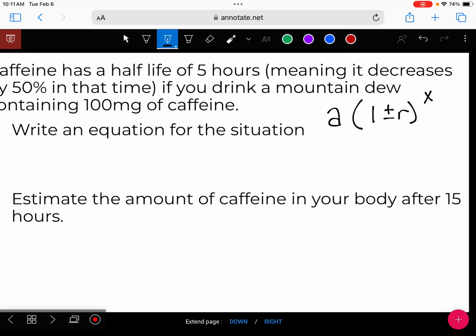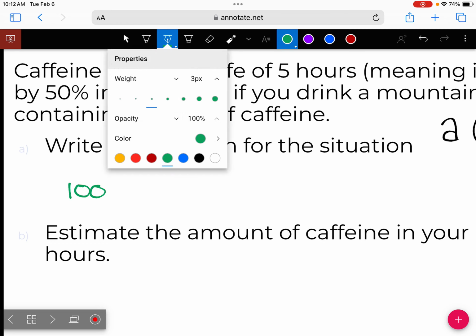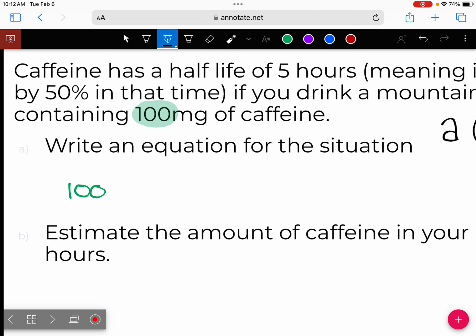So let's fill in the pieces we know. What do we know? A. What's A? A is 100. So we're starting with our 100 out front. Is this going to grow or is this going to decay?